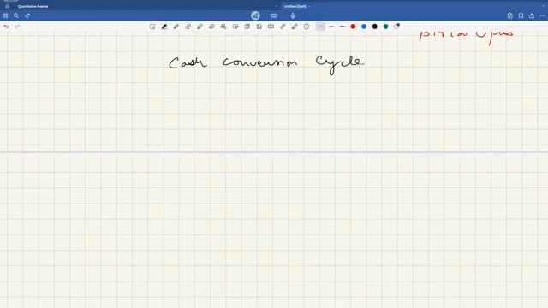What the cash conversion cycle actually means is, let's say you produced a product, then how much time it actually takes to convert that product into cash, starting from the production to the sale and finally collecting the money. So there are three key drivers which drive this cash conversion cycle. First is your DSO, then your DPO, and then your DIO.